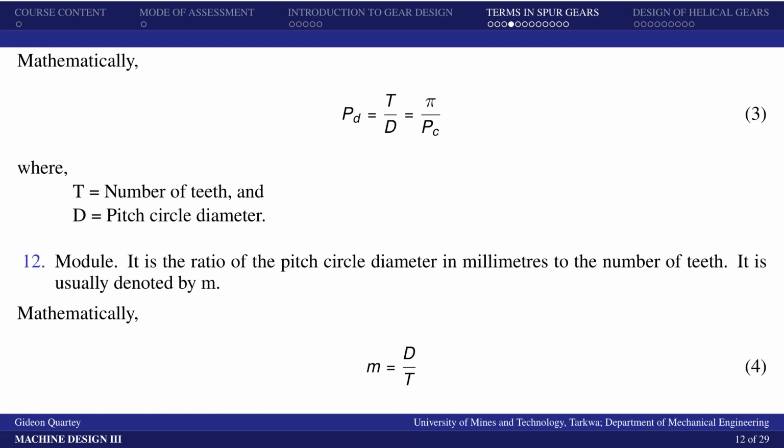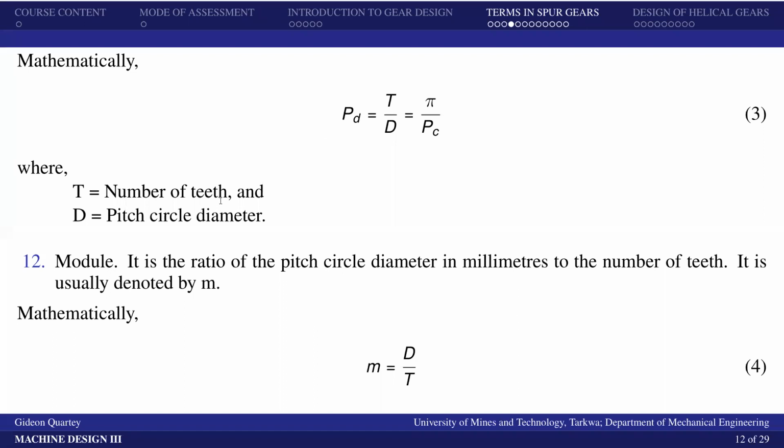Because we know that PC is equal to pi d on T, and PD is equal to T on D, it means that PD should be equal to pi on PC. All right, you could derive that.